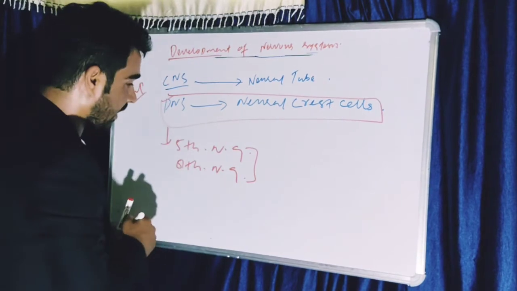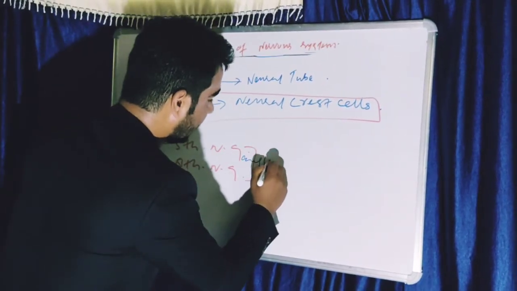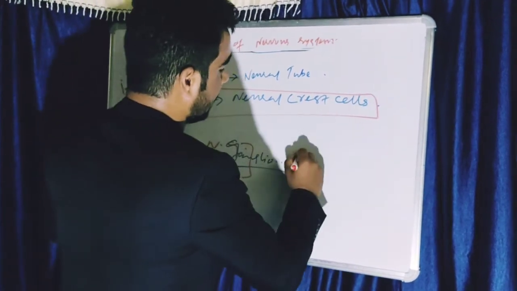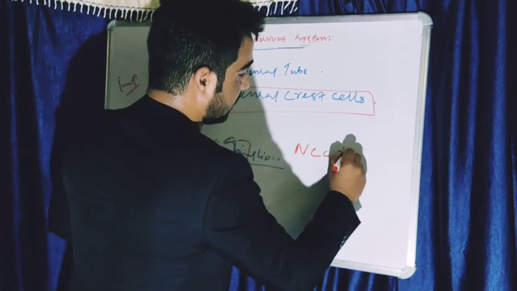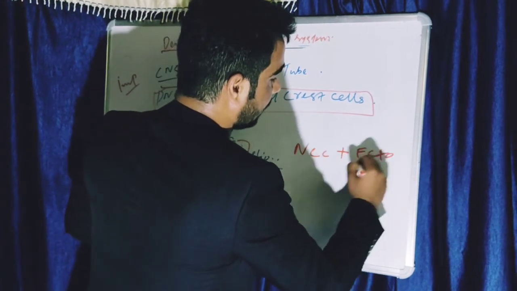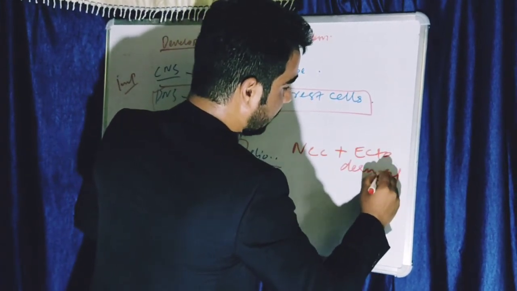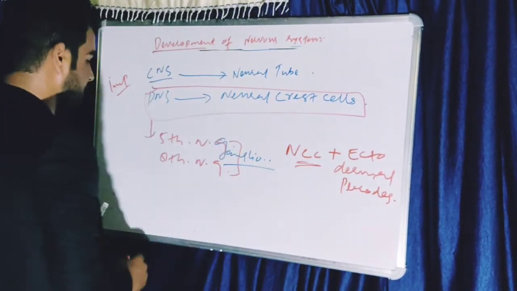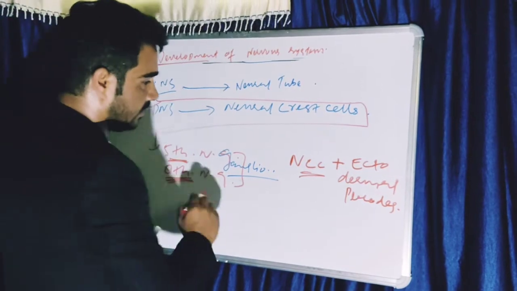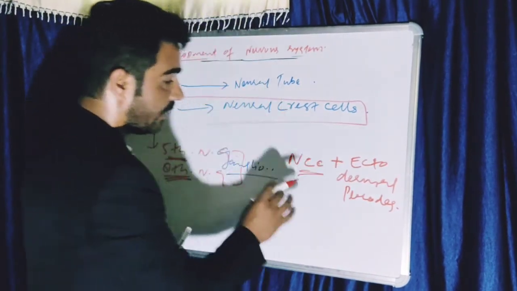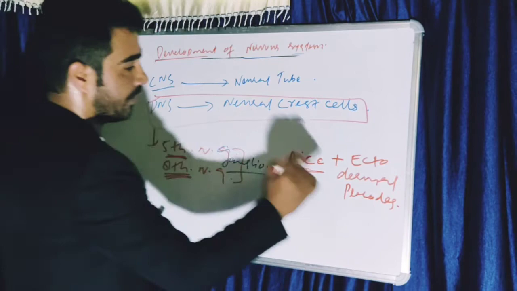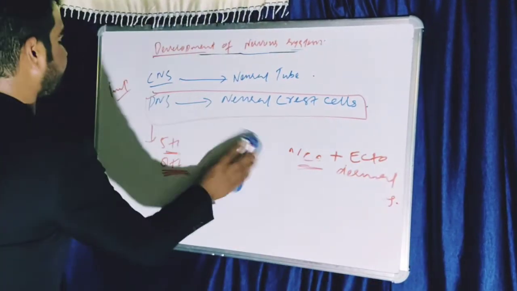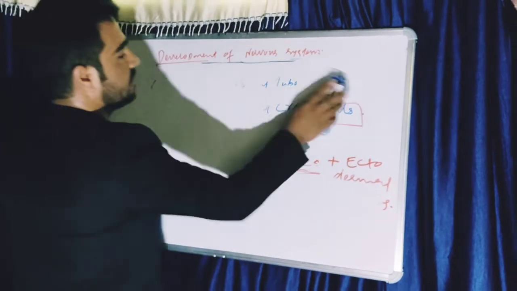So 5th neuroganglion and 8th neuroganglion, they are derived from neural crest cells plus ectodermal placodes. They have some contribution of ectodermal placodes. That is the exception of peripheral nervous system.